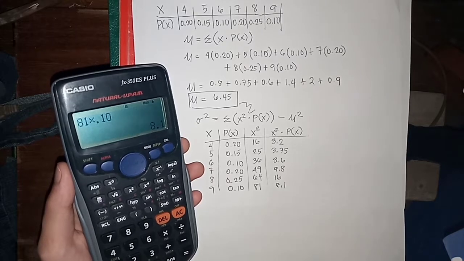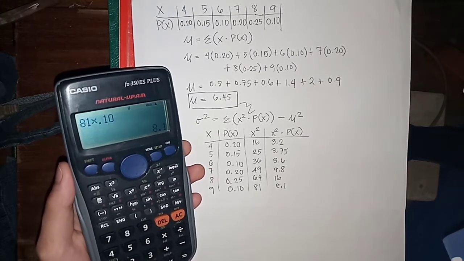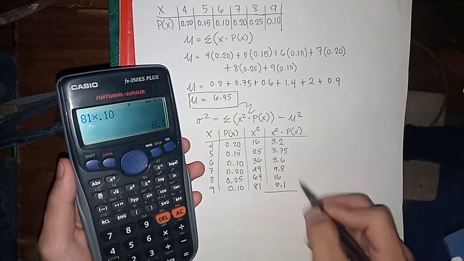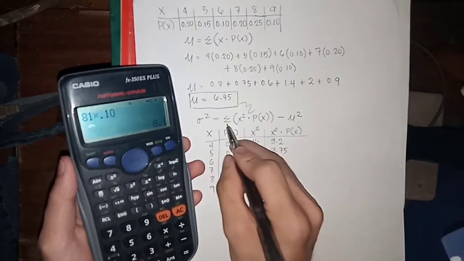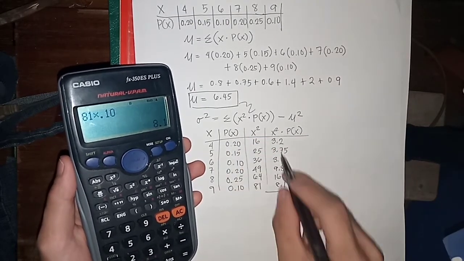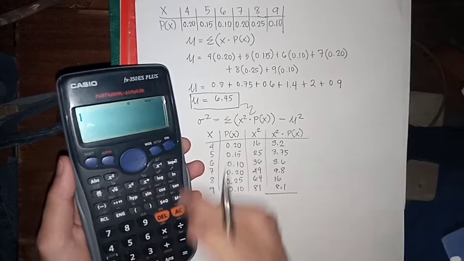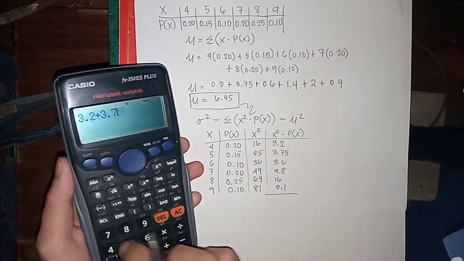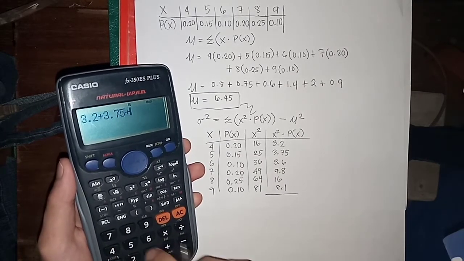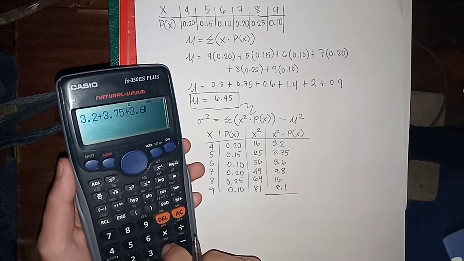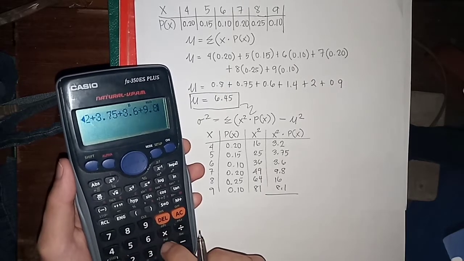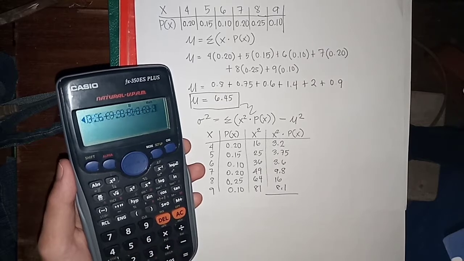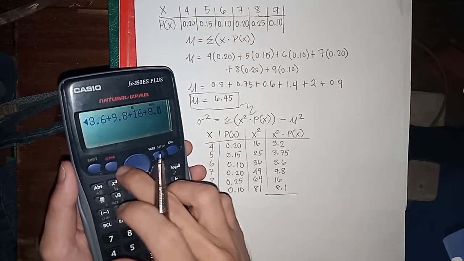Now, nakuha na natin yung product ng x squared at saka p of x. The next step na gagawin natin, ikukunin natin yung sum niya. So, i-add natin to lahat. So, I have 3.2 plus 3.75 plus 3.6 plus 9.8 plus 16 plus 8.1. Okay, let me recheck.